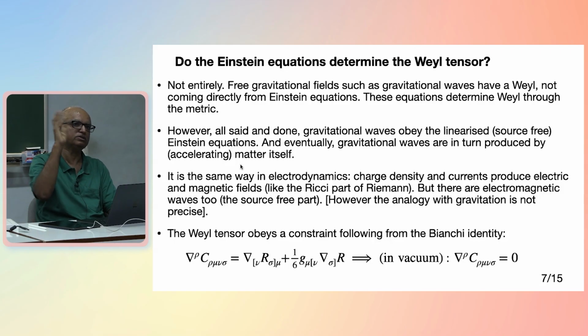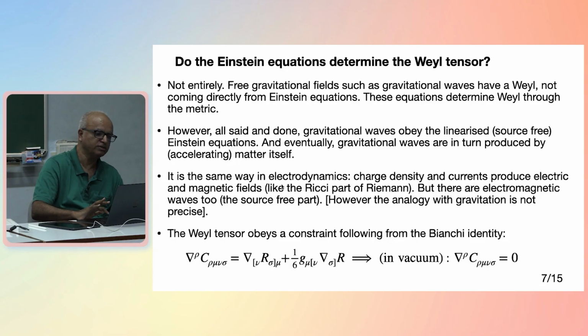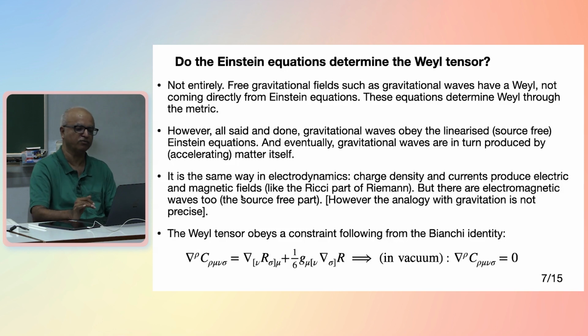Someday in the past a star was accelerating; by the quadrupole radiation formula, it gave out gravitational radiation, which is propagating through space. In that process, Einstein equations were applied. It is the same way as in electrodynamics. Charge density and currents produce electric and magnetic fields, like the Ricci part of Riemann.